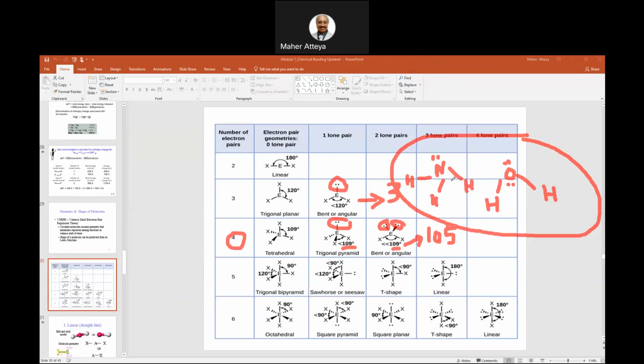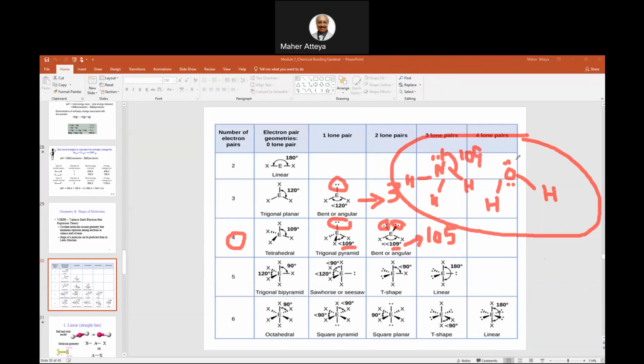It's more polar than ammonia, and that's really true. So our prediction helped us determine which one is more polar. Now, the angle between nitrogen and the hydrogens here is 109, correct?